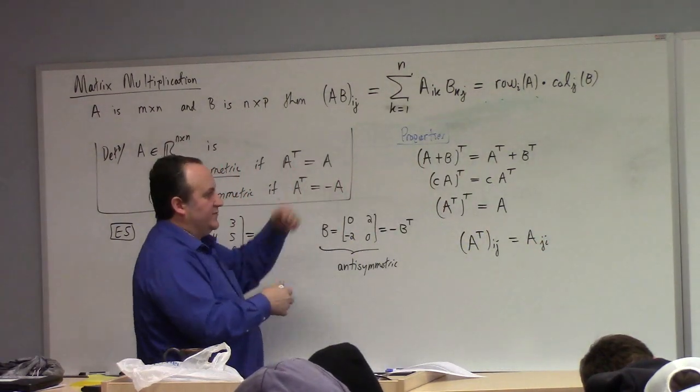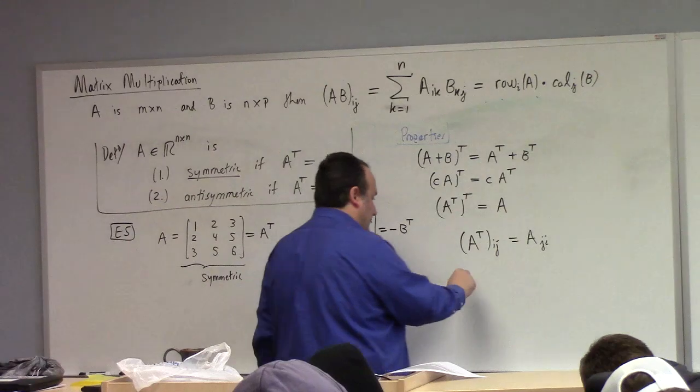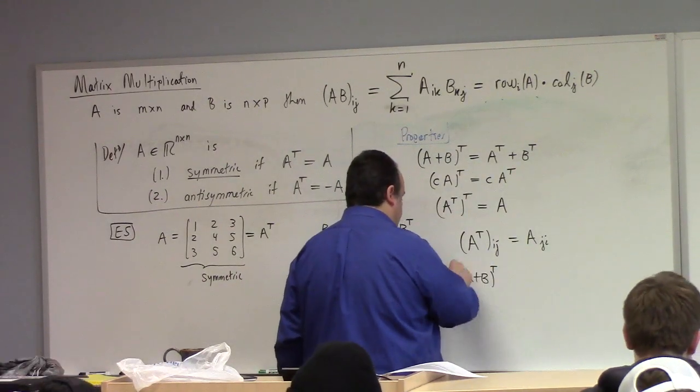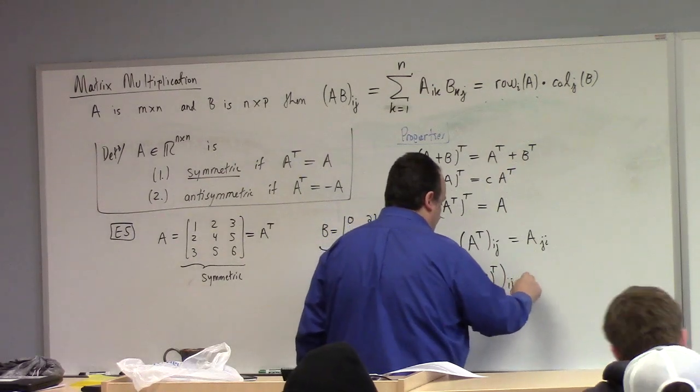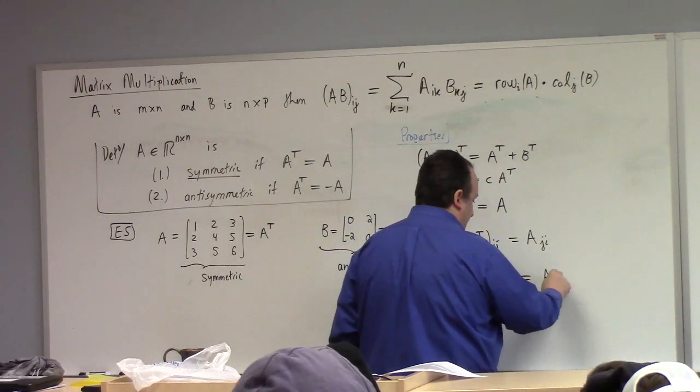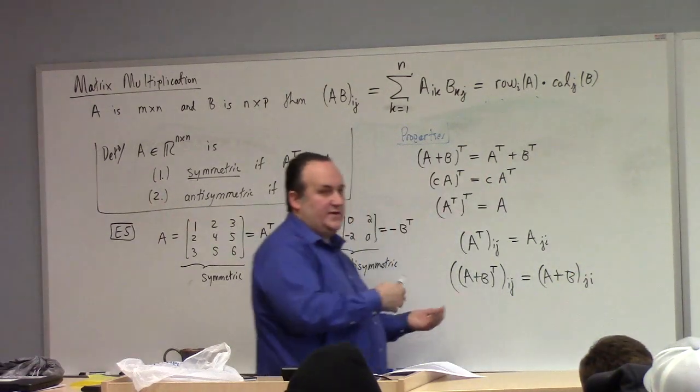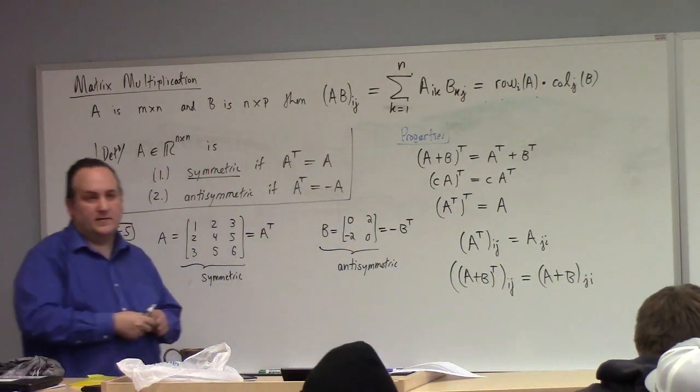So, for example, to prove property 1, if we did (A plus B) transpose, the ijth component of that is equal to (A plus B)_ji. But how did we define A plus B, the jith component, remember?